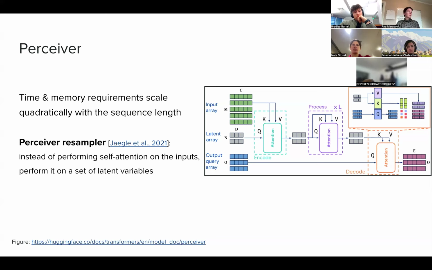So what perceiver resampling is doing is introducing these latent arrays, the number of which is way smaller than the number of patches you have. And then the self-attention is done on these latent arrays rather than on the input tokens.